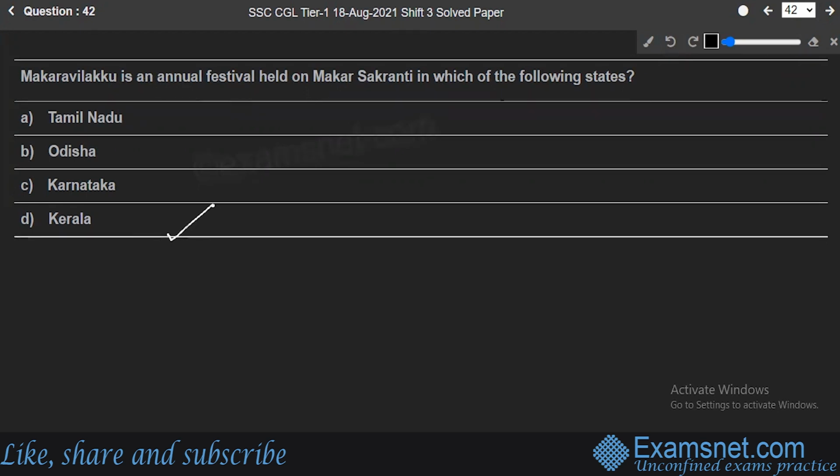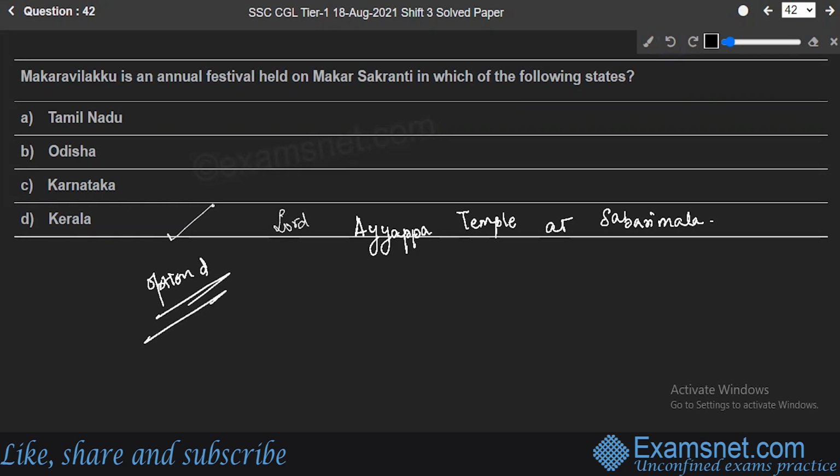It is among the most important festivals of the state and is commemorated at Lord Ayyappa temple at Sabarimala. So option D is our answer to the question.